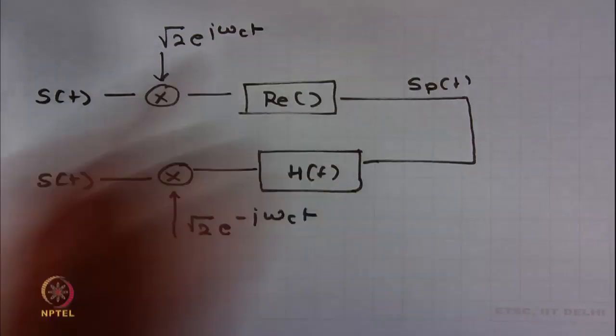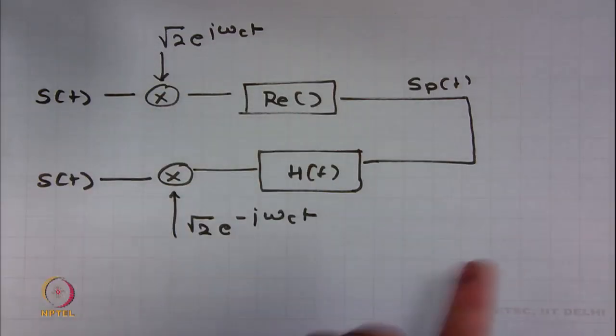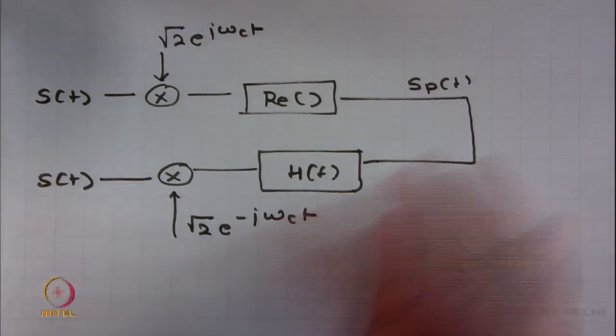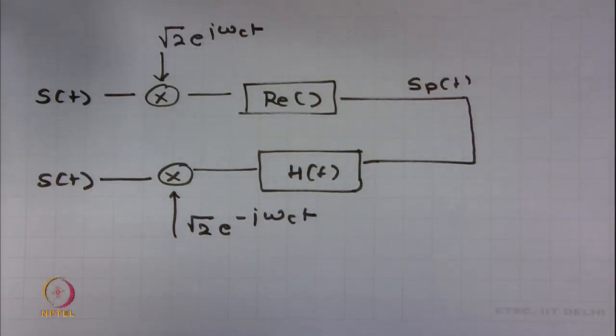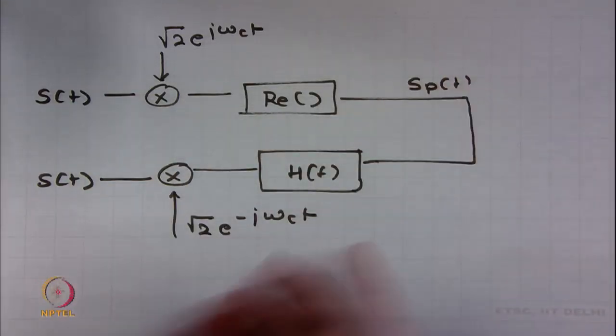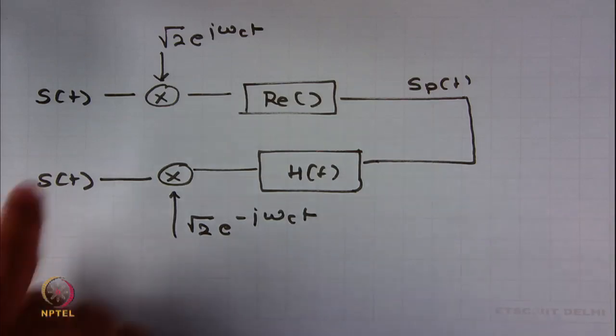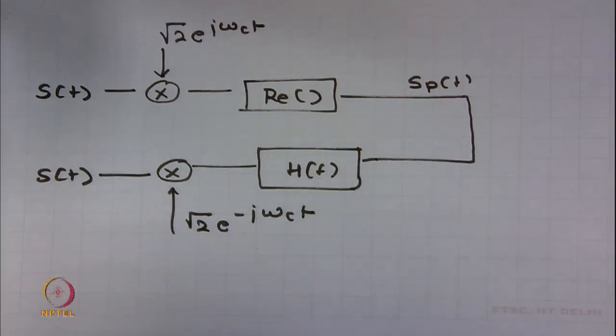You multiply this with a rotating complex exponential, take the real part and you get a passband signal, a real passband signal, and you can go from passband signal to the complex baseband signal by passing this passband signal through a Hilbert filter and then again multiplying with the suitable rotating complex exponential, and you get back the complex baseband signal.